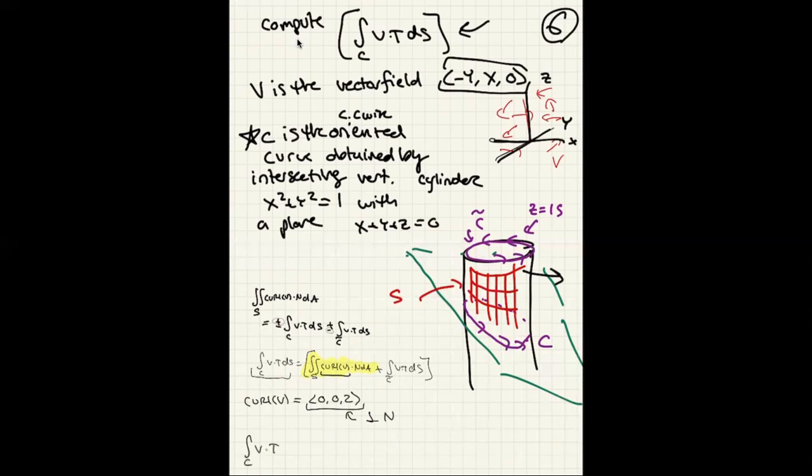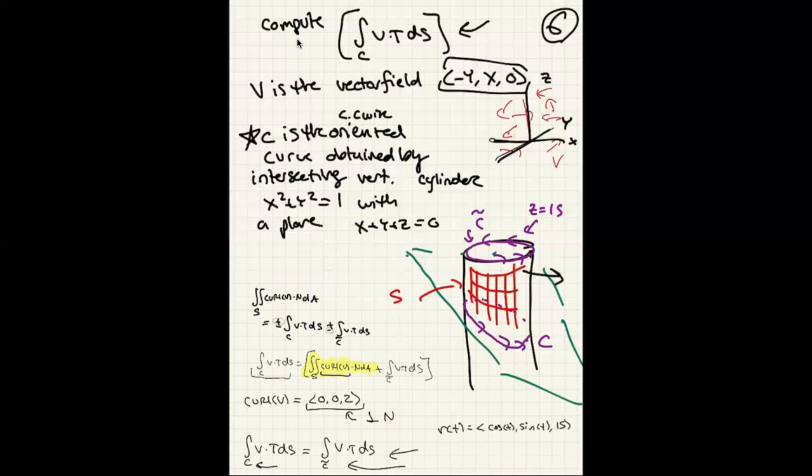that the thing they're asking us for is going to be equal to the integral over C tilde of V dot t ds, where this is the easier one. This is the flat circle of radius 1 centered up at (0, 0, 15), and this right here is the wonky one. I think you can compute pretty easily using r of t equals (cosine t, sine t, 15) from 0 to 2 pi.